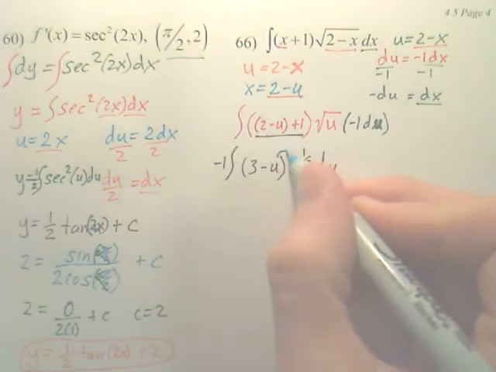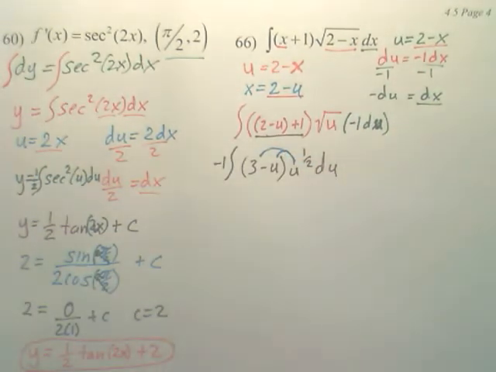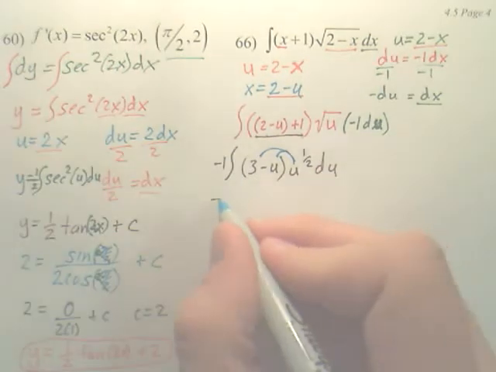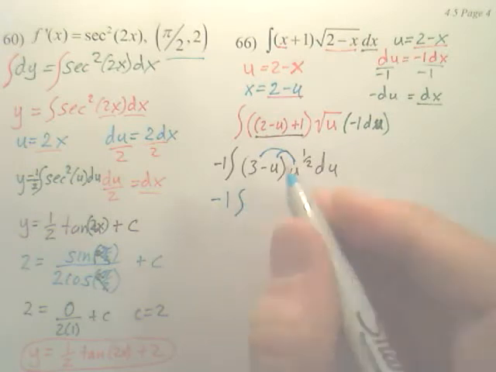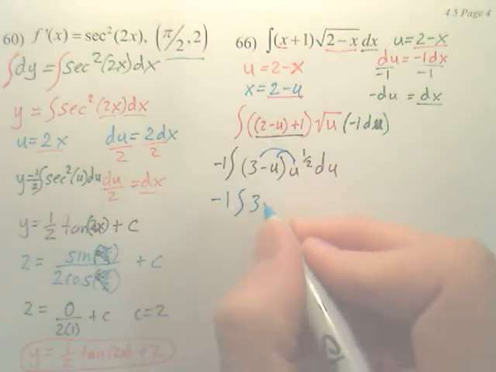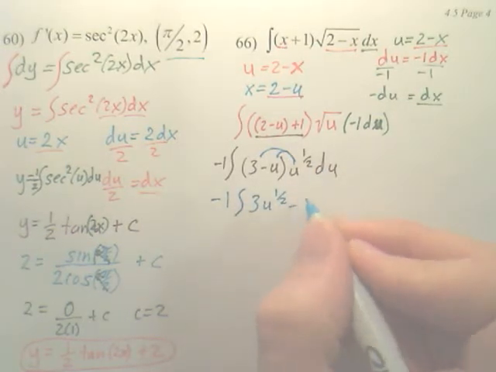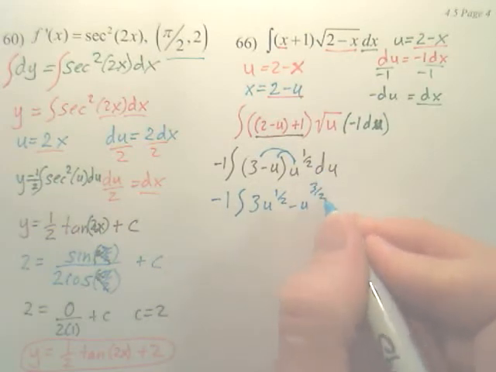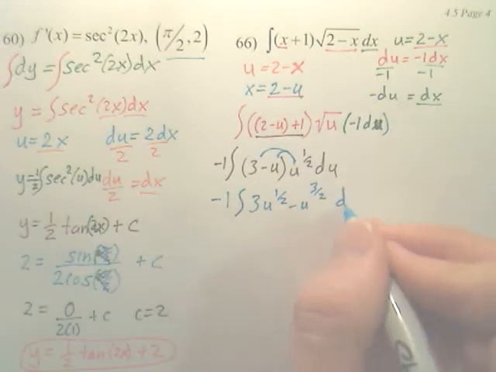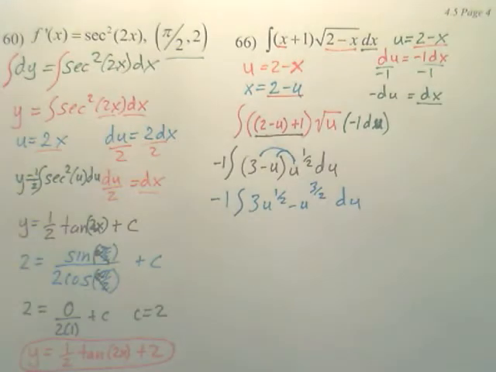Can't you FOIL or distribute that? And what I now have is 3 u to the 1/2 minus u to the 3/2 du. And can you integrate that now?